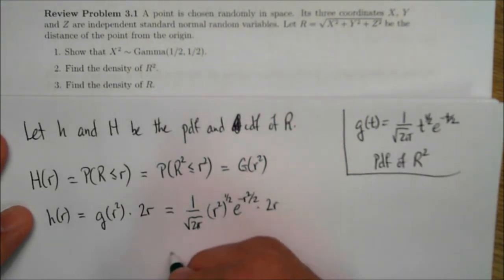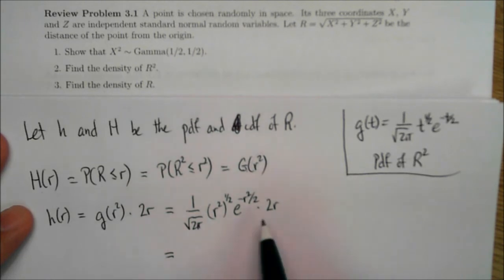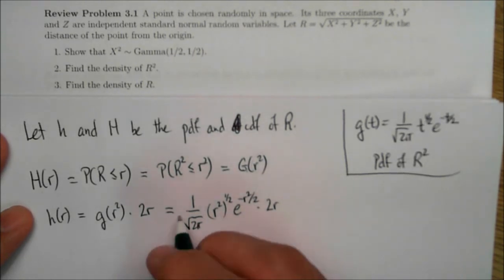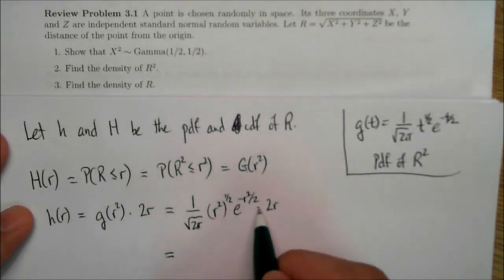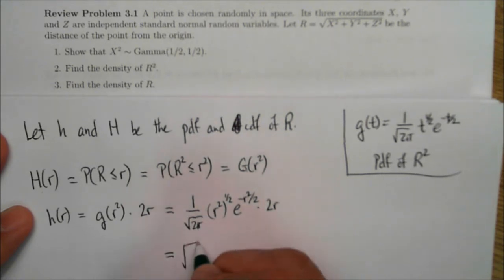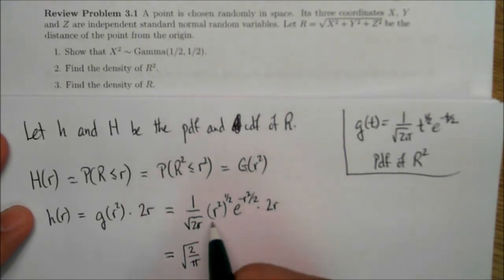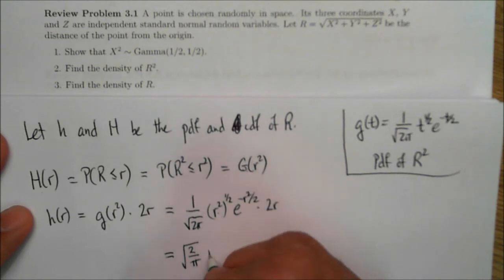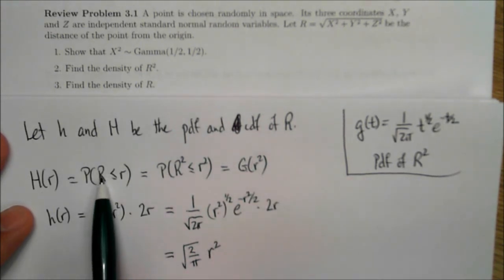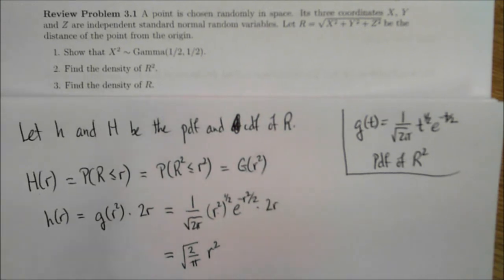And so this simplifies. This is equal to 2 over square root of 2 pi becomes square root of 2 over pi. Here I have r times r for r squared. And because r is always positive, and this is a distance from the origin, I don't have to worry about absolute values.